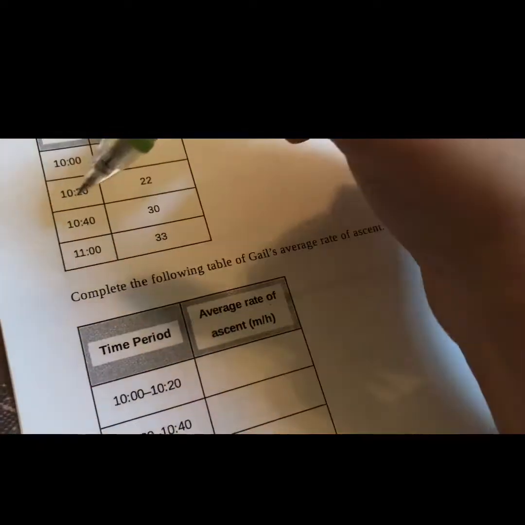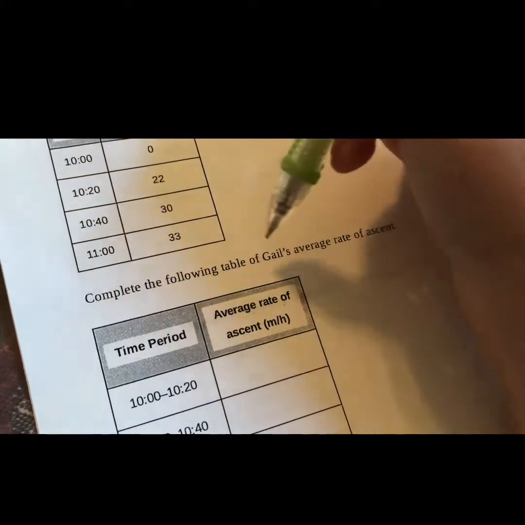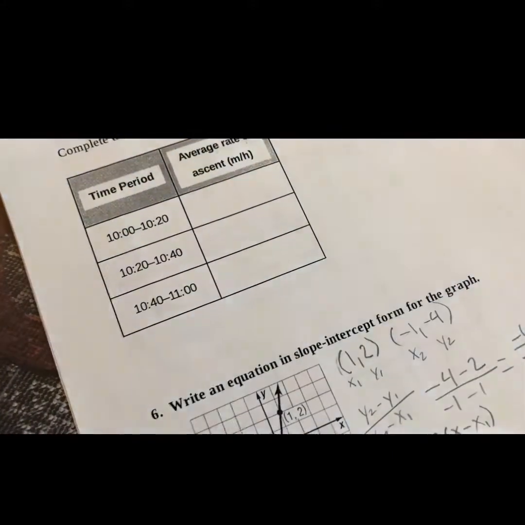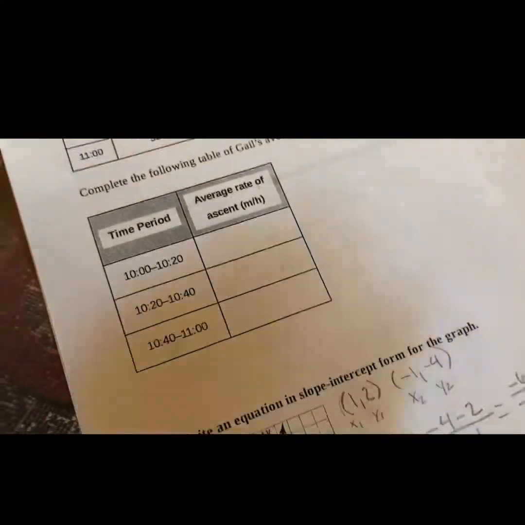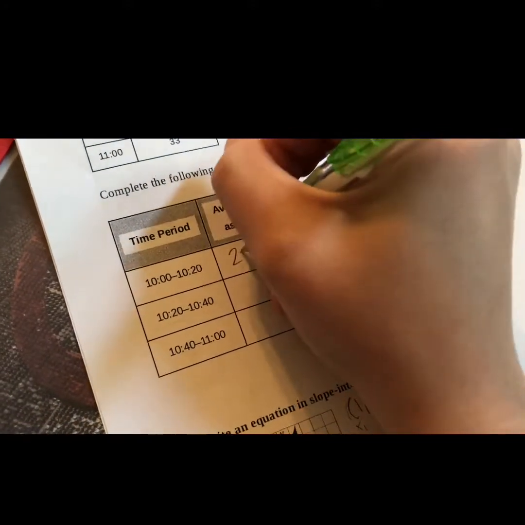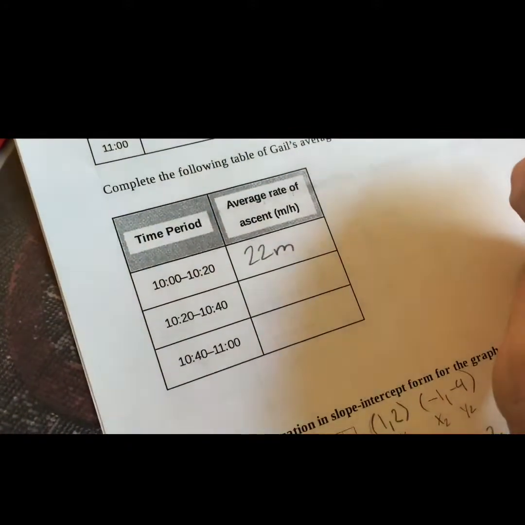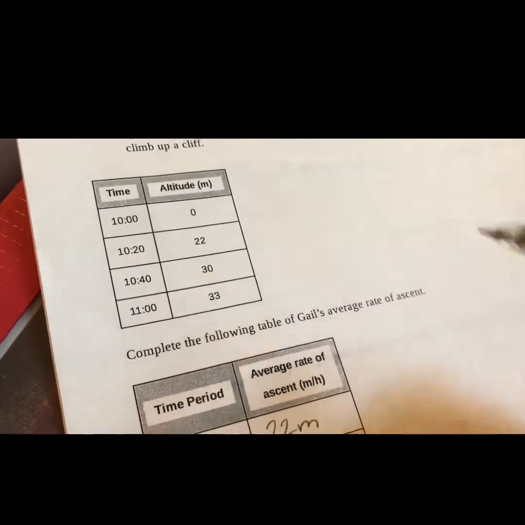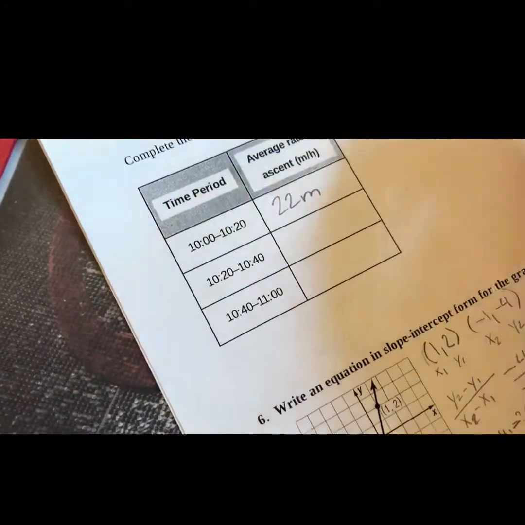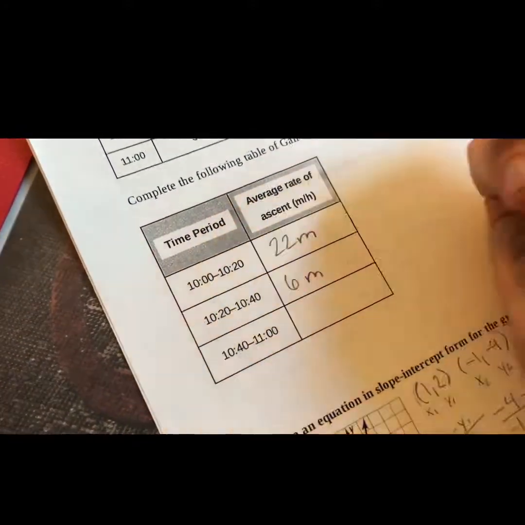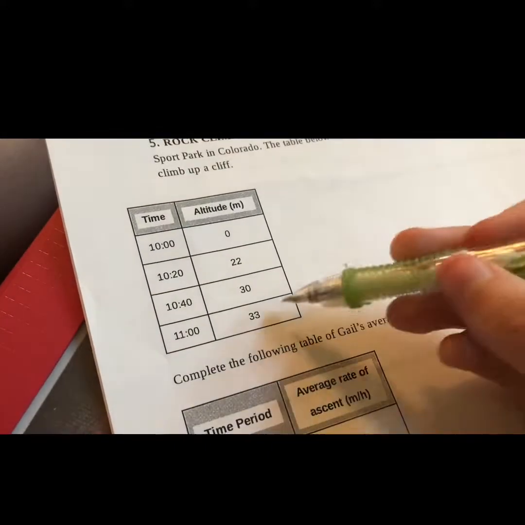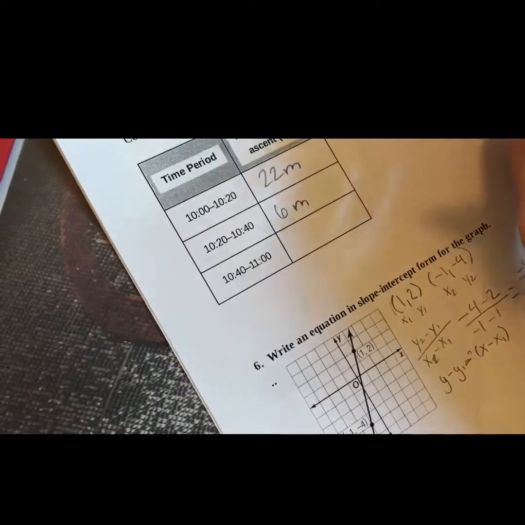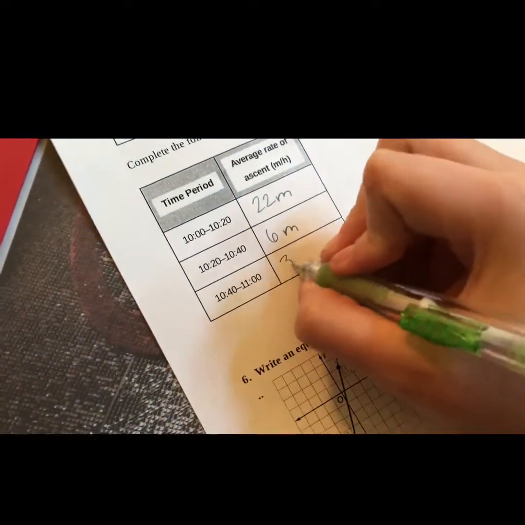So down here it says, complete the following table of Gail's average rate of ascent. So we can say from 10 to 10:20, it was 22 m. But at 10:40, it was 30. So from 10:20 to 10:40, he only went up 6 miles. But at 11, it was only 33. So from 10:40 to 11, it was 3 m.